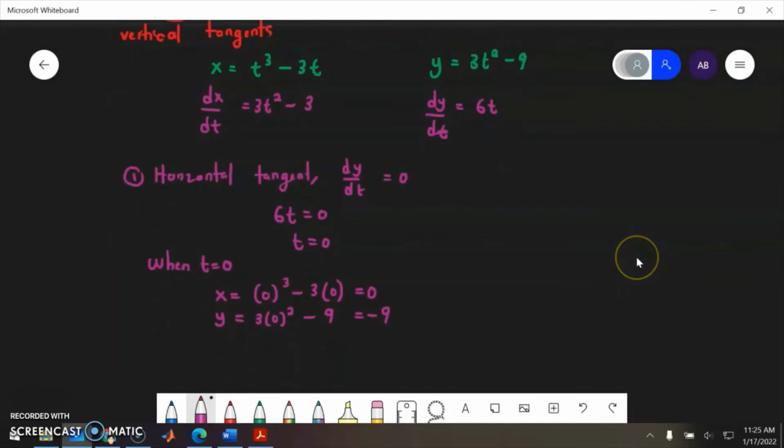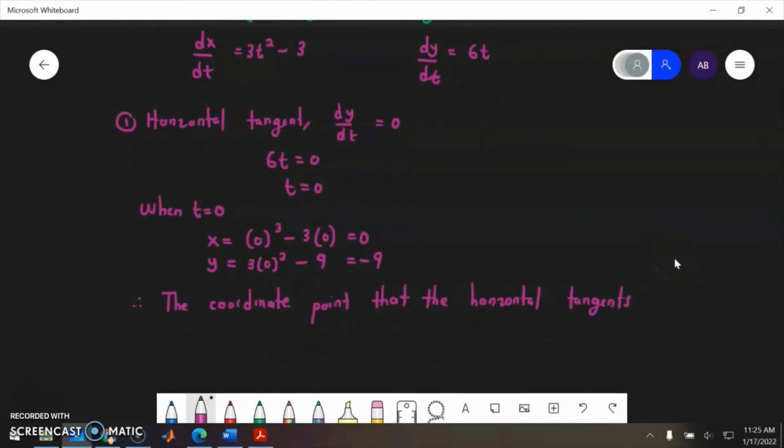So the coordinate point where the horizontal tangent occurs is at (0, -9).